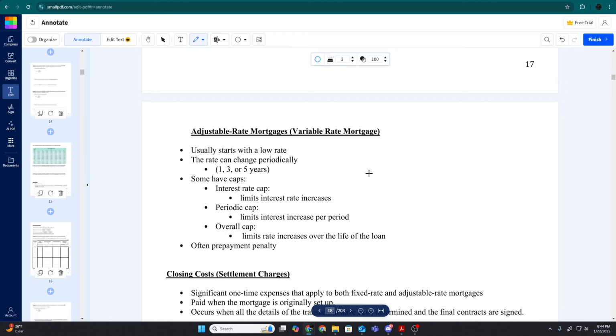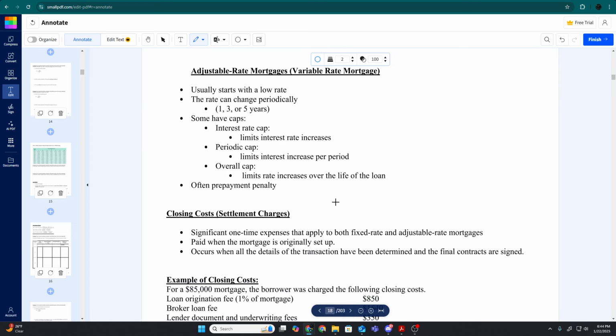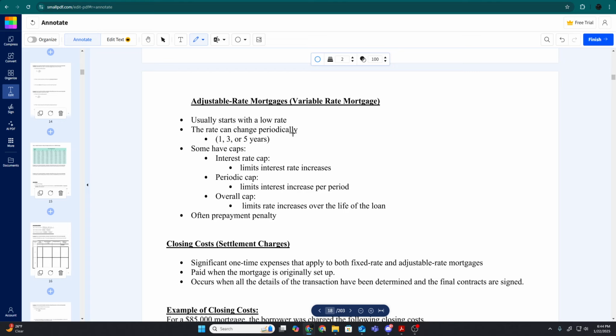It's a little bit risky. Sometimes you can do things where it can change the interest rate, but then you can freeze it. There are different ways you can do that. And sometimes it gets higher over time. Sometimes it starts at a low rate and it changes to increase. There's also that.